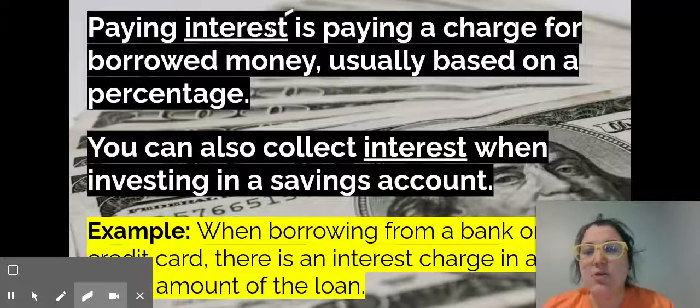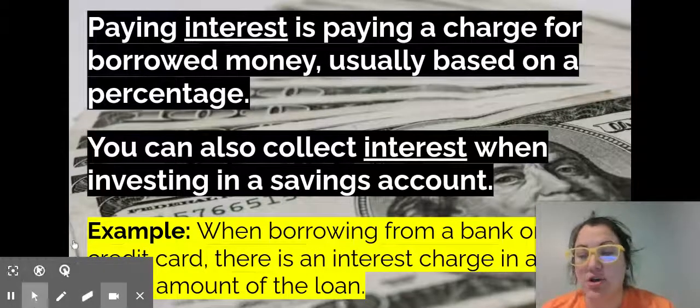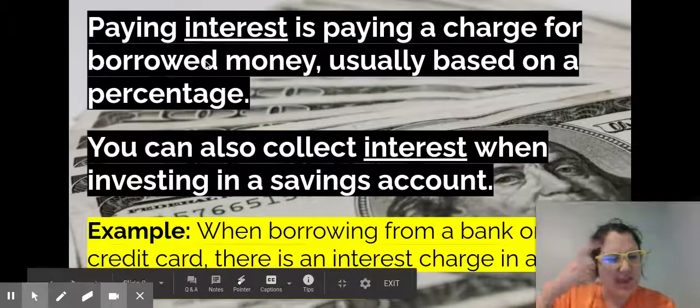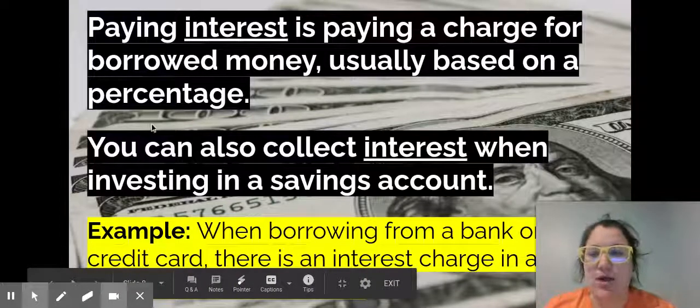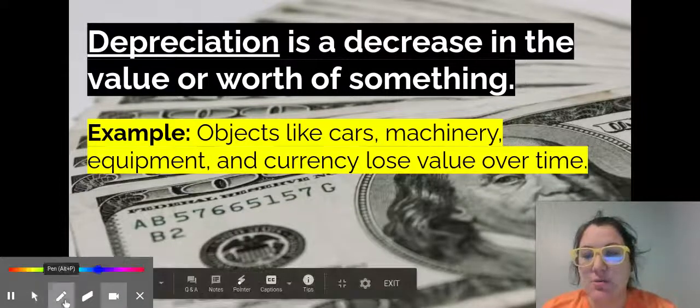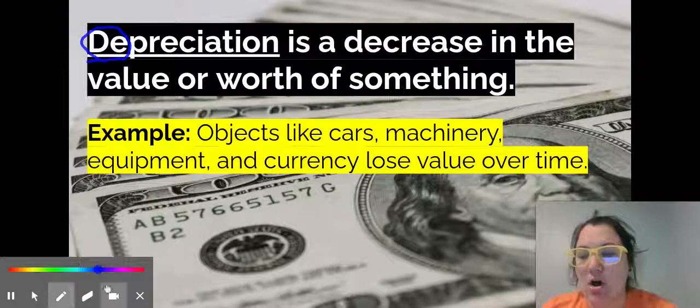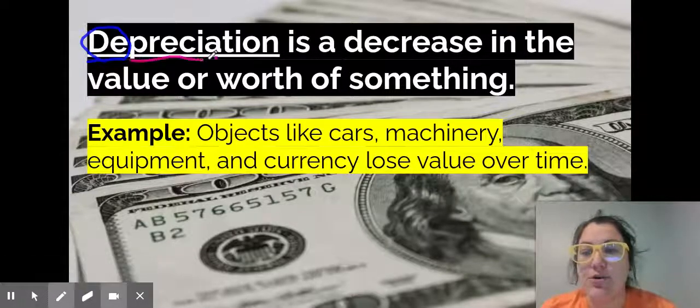Okay, so now you should have what the word interest means and a picture associated with what you think it means as well. The other word we're dealing with is depreciation. We worked this word out and said, hey, there's D-E, like decrease, but also part of the word, appreciation.